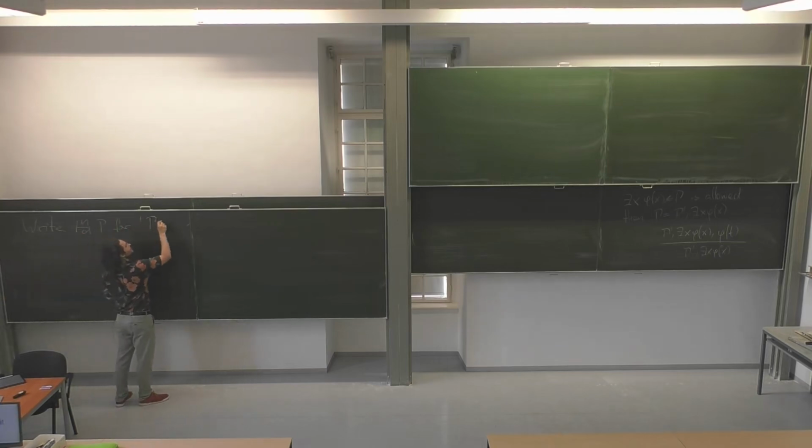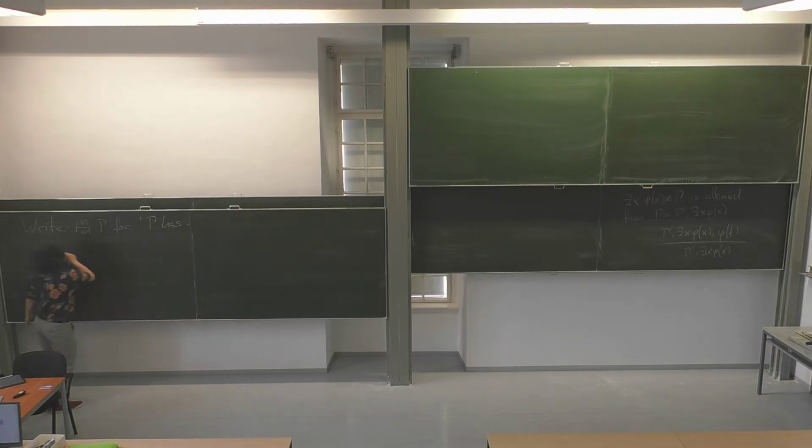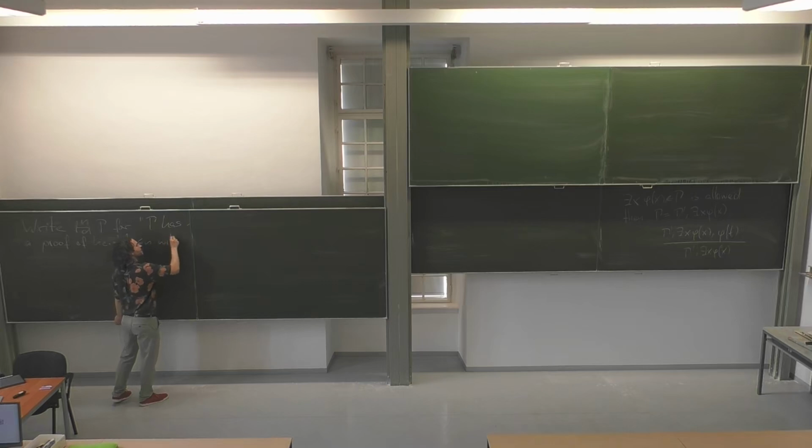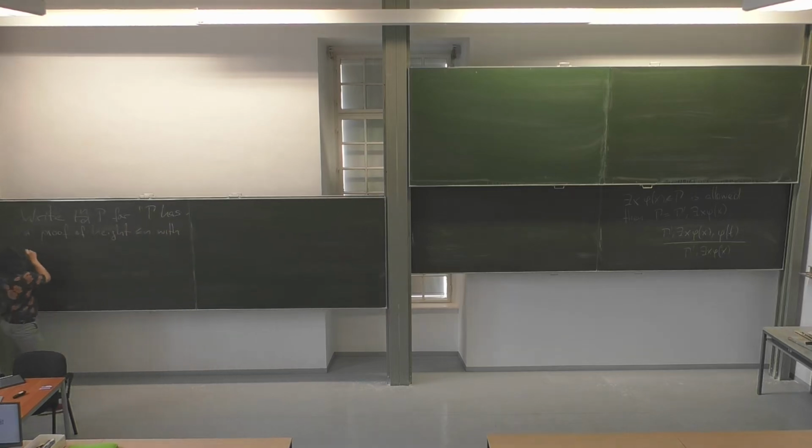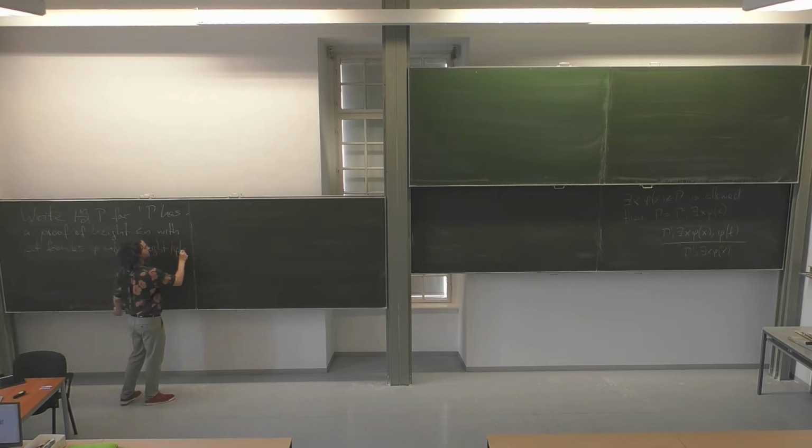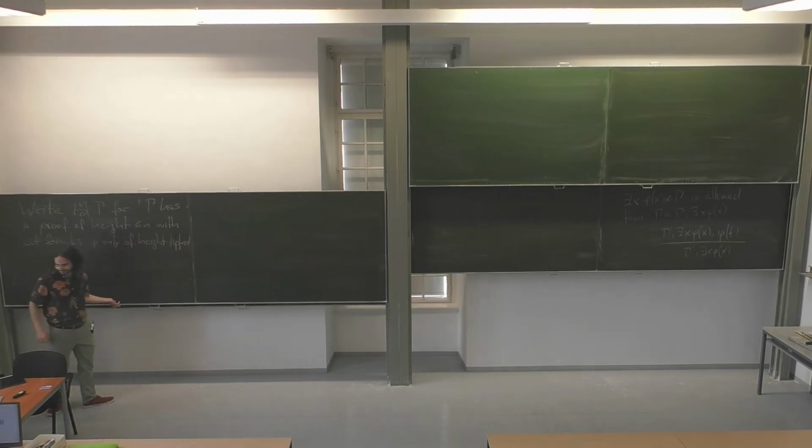That means gamma has a proof of height at most n with cut formulas phi only of height below d.